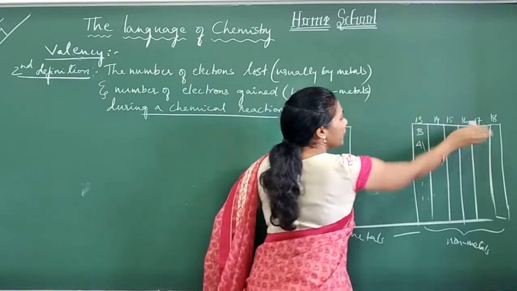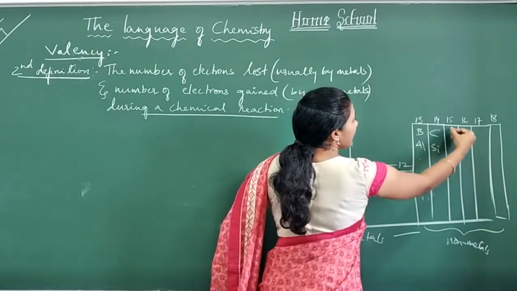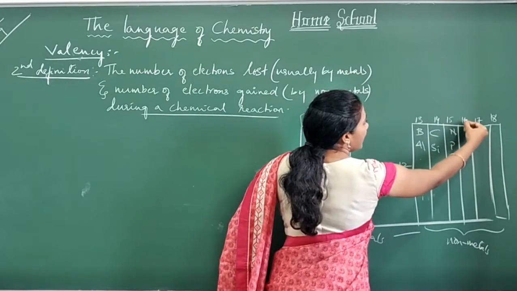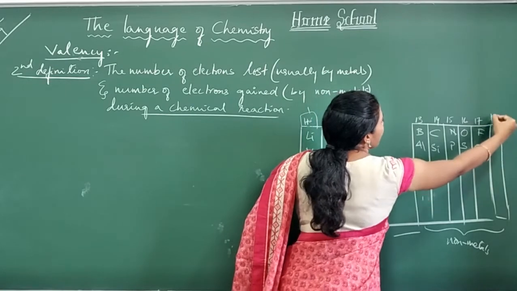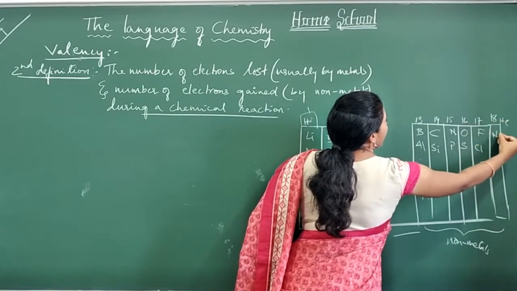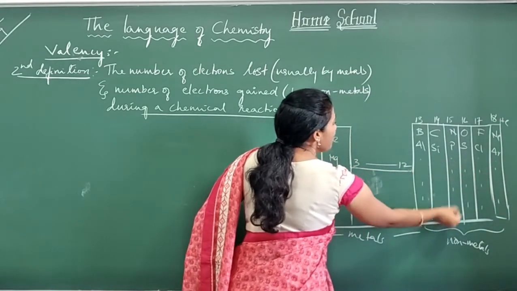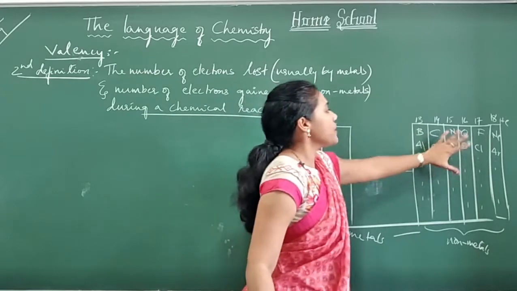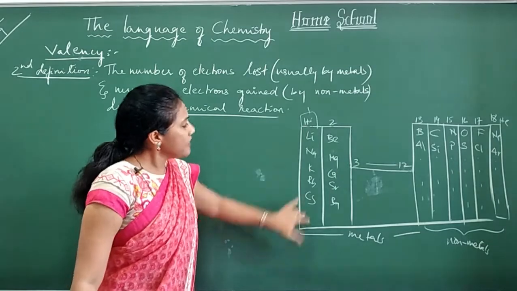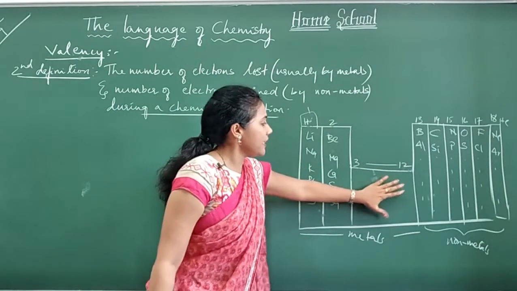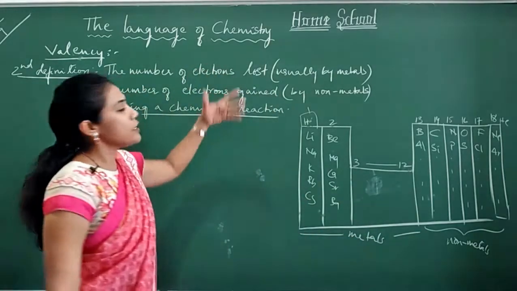Then carbon, silicon, nitrogen, phosphorus, and in the 16th group, oxygen, sulfur, then fluorine, chlorine, helium, neon, argon. The rest of the elements may not be necessary for your level. Just try to remember at least the first 2 elements in every group. All these elements and the elements from 3 to 12 are metals. They always lose electrons.